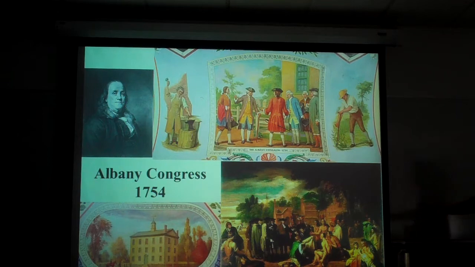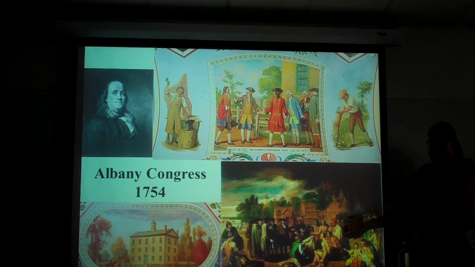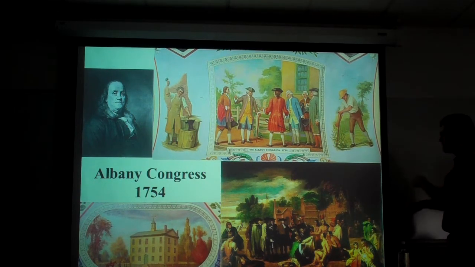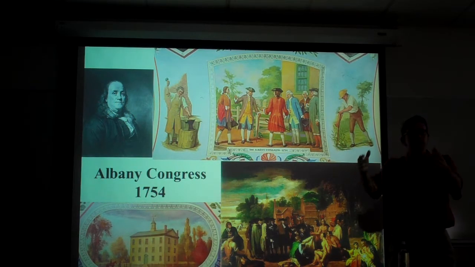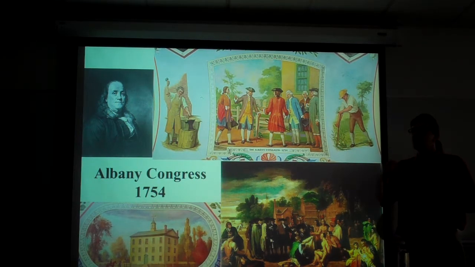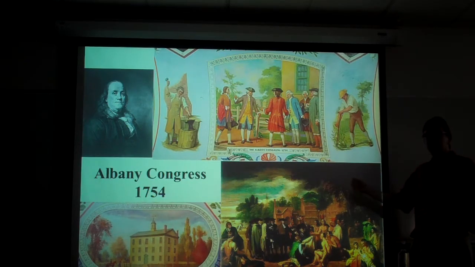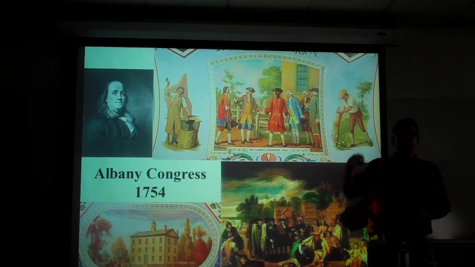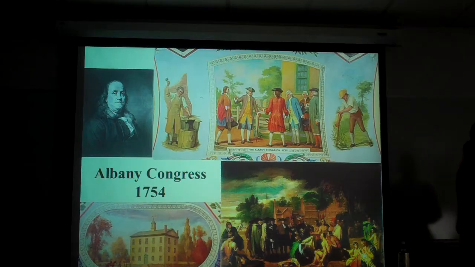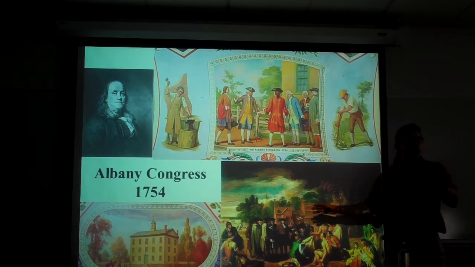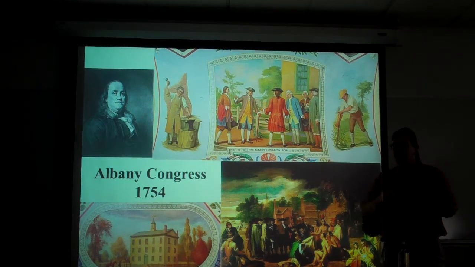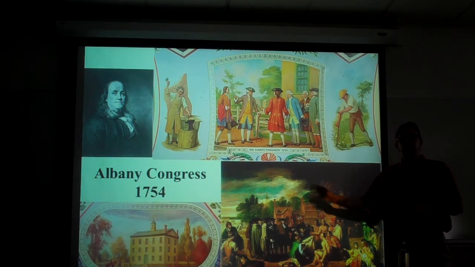And the Iroquois came as well. The British delivered gifts to the Iroquois and tried to persuade them to side with them, the British, in this upcoming war. Iroquois delegation listened very politely. They accepted all the gifts, and then, very politely, they told the British, no.